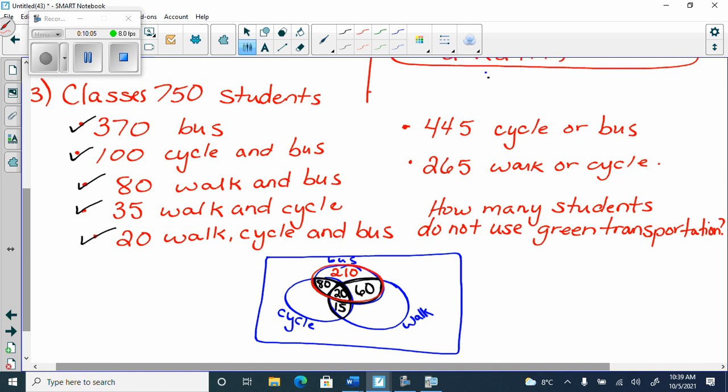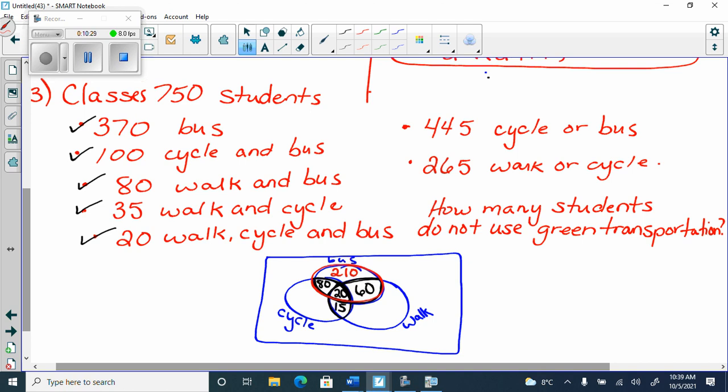Now, if that said 370 ride bus only, I would have 370 in the spot where I put 210, correct? But does it say bus only? No, it says bus. So I have to take into account there already are people on the bus. 160 are already riding bus. So that's 210 that ride bus only. Make sense?